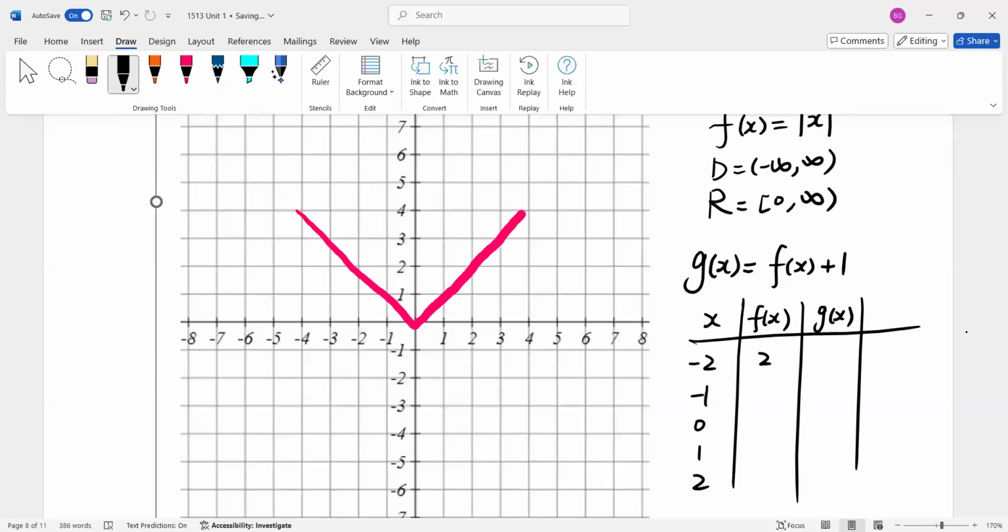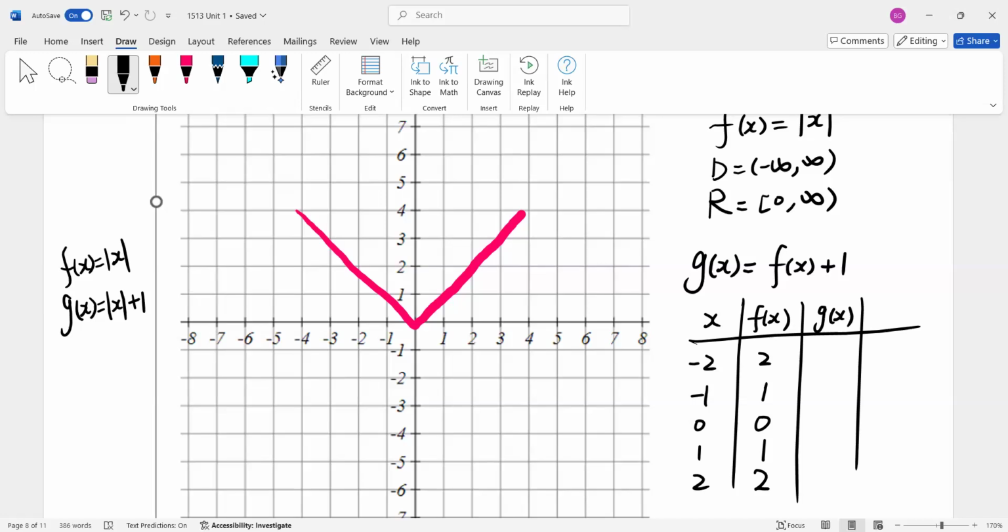Knowing f of x is absolute value of x, g of x, the daughter function, is the mother function plus 1. So when input is -2, output is 2, absolute value of -2 is 2, right? So far so good? When x is -1, f of x, the y value, is 1, right? When x is 0, y is 0. When x is 1, y is 1. When x is 2, y is 2. So far so good?